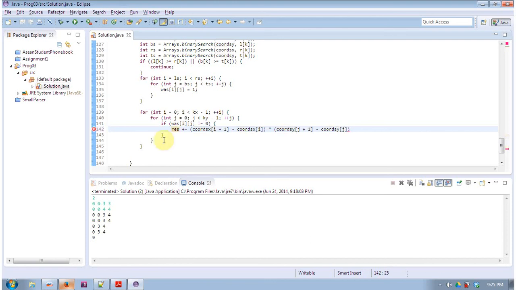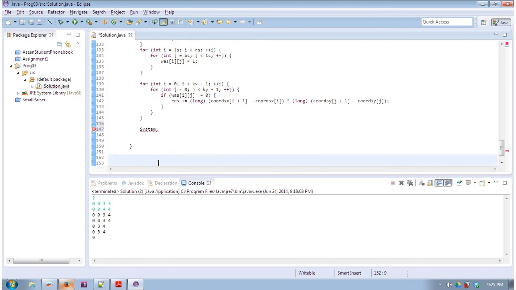Hopefully it's correct. Then essentially these are integers, so we have to typecast them for them to be long.